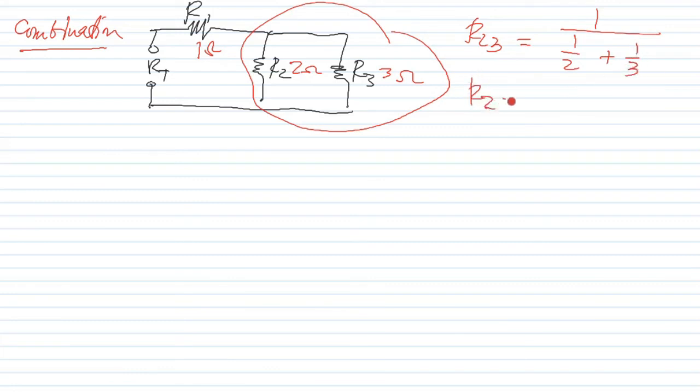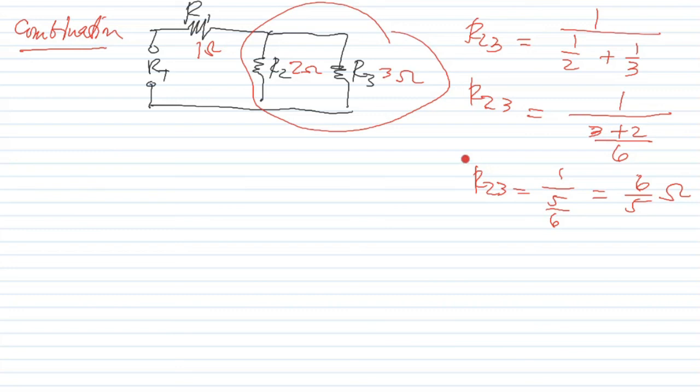So 1 over R23 is equal to, let's say we have 6 here, 3 plus 2, so 5 over 6. So R23 is equal to 6 over 5 ohm.